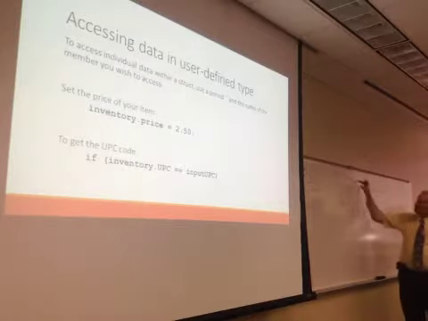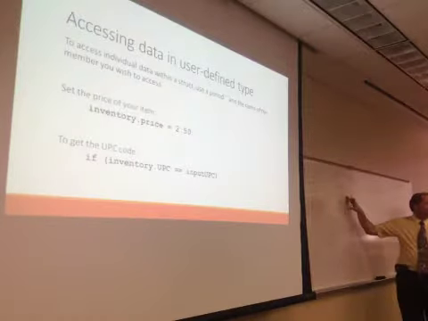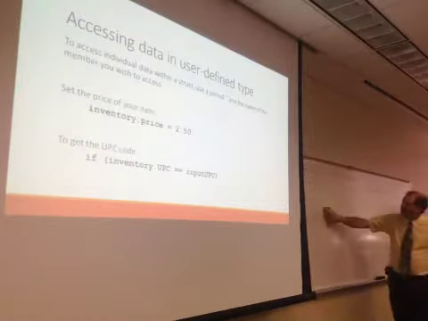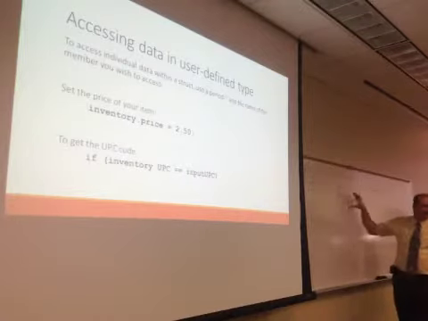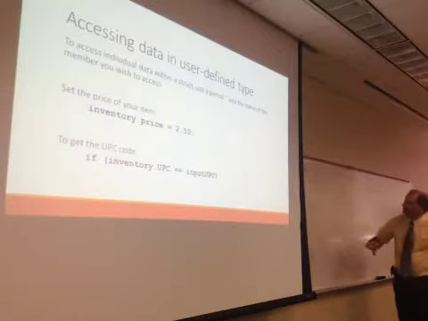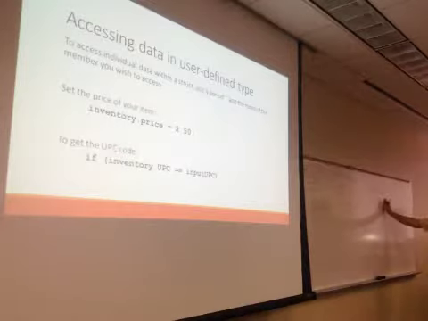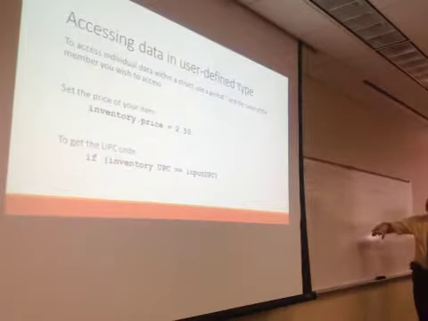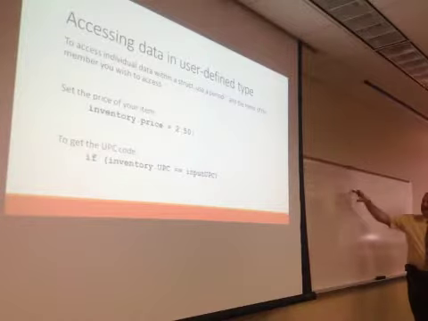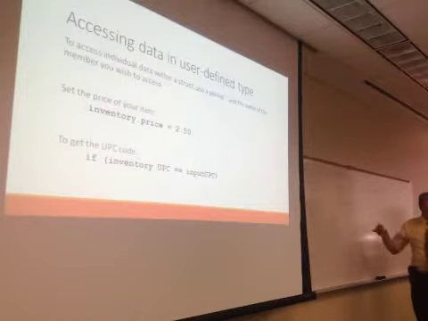So you want inventory's price. You can have other variables of this type as well. And so you're just saying which one's price you want to get to, by using his name dot price. Or inventory dot UPC, whatever in this case.